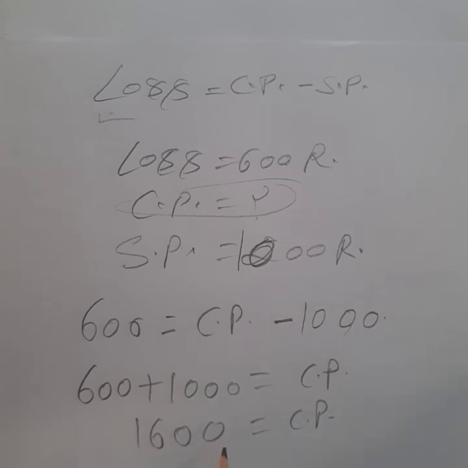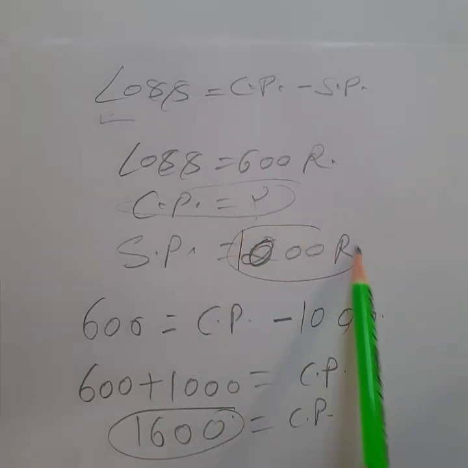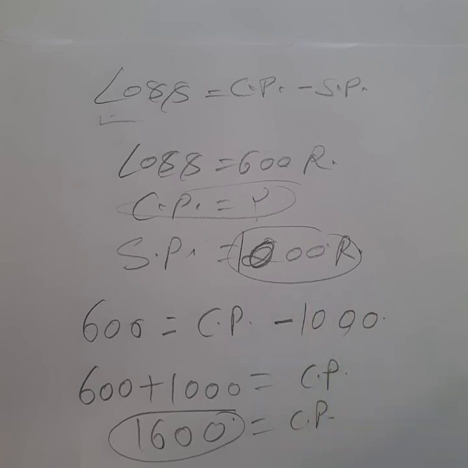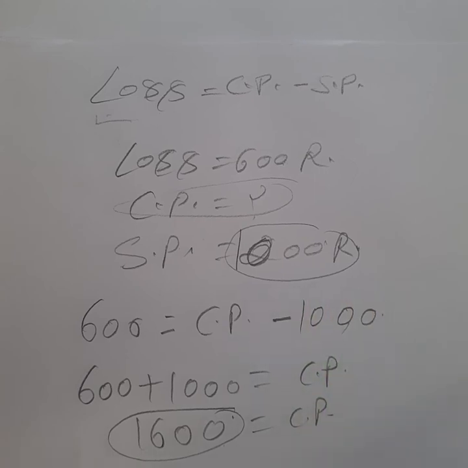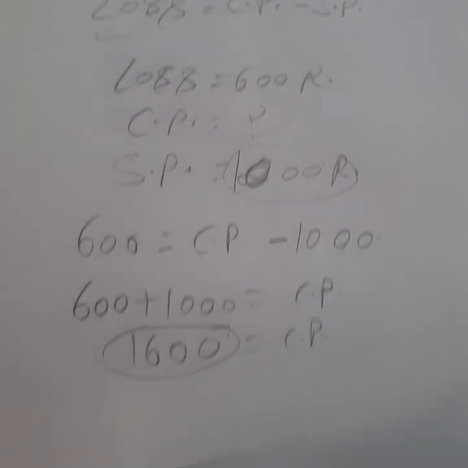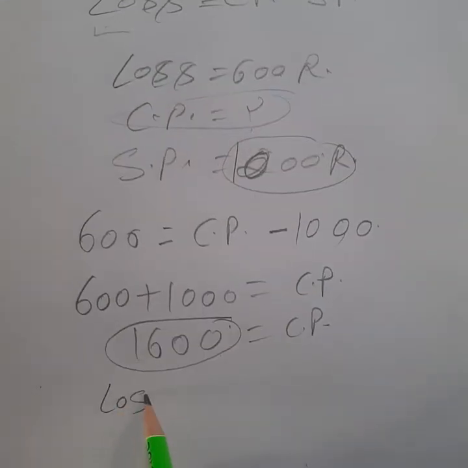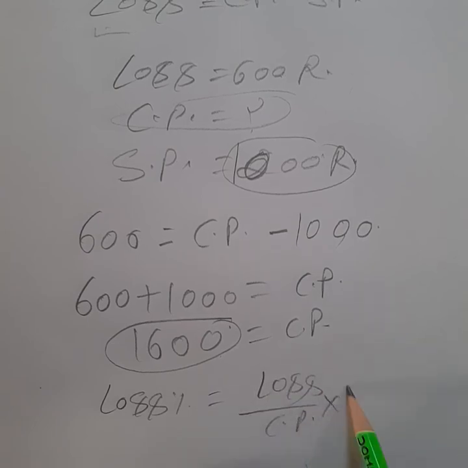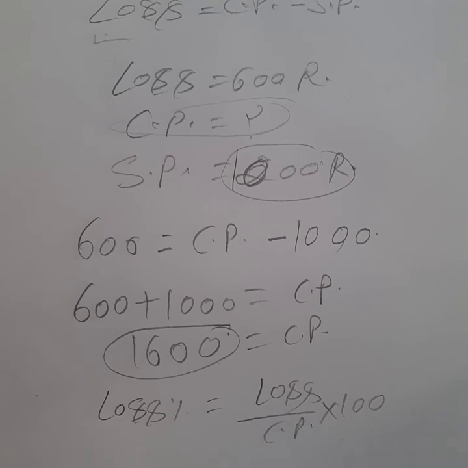So students, you can see that the cost price is greater than your selling price, and obviously in this condition you get the loss. And if you have to find the loss percent, you apply the same formula as earlier: loss upon cost price multiplied by 100.